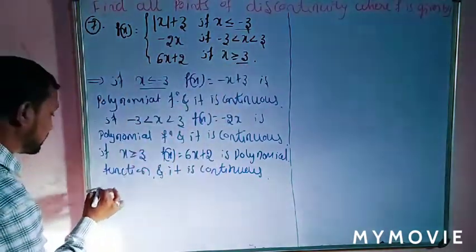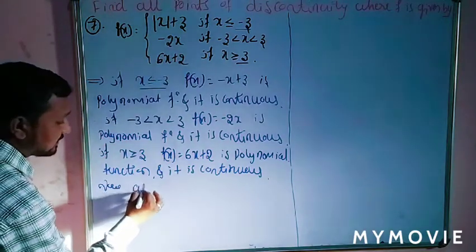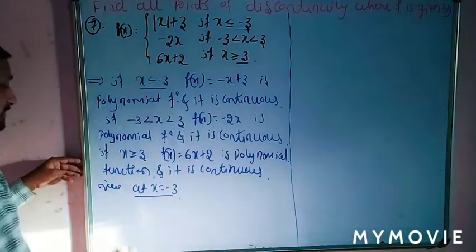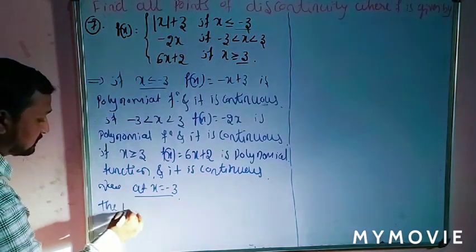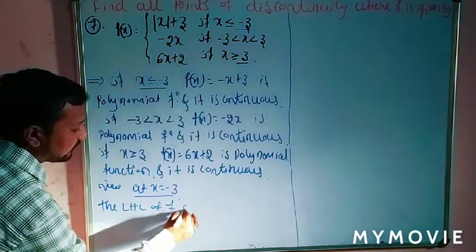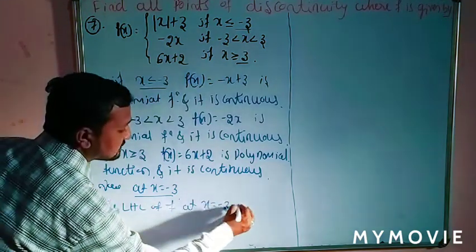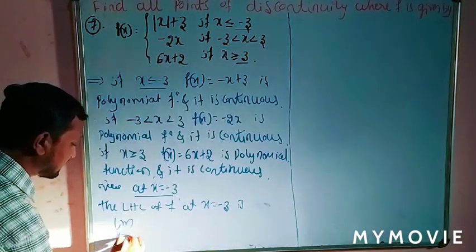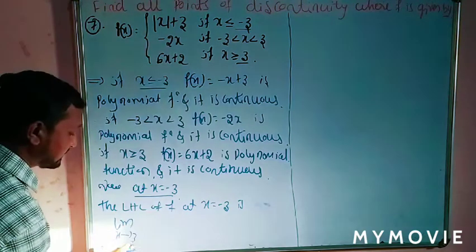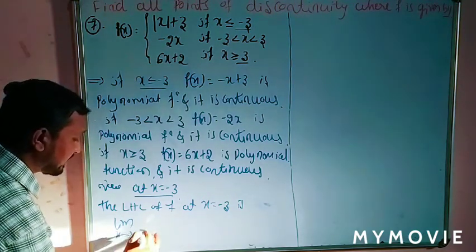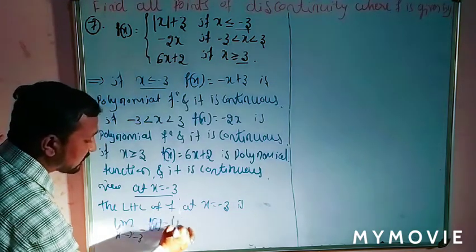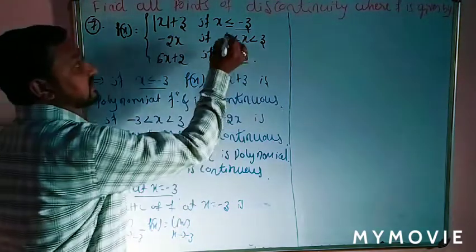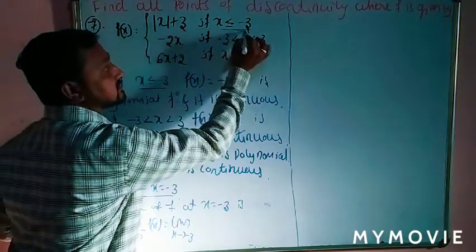Okay, first, at x equal to -3. The LHL of f at x equal to -3 is limit of x tends to -3 minus, this is the symbol of LHL, of f of x. What is your f of x corresponding to LHL? So x is less than -3 is your LHL.